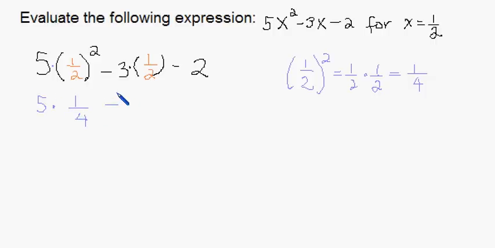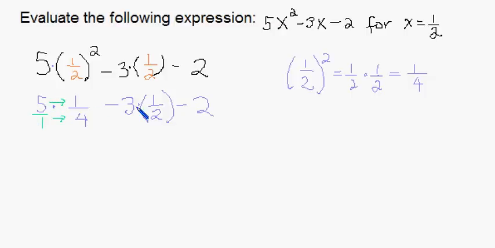Now I'm going to rewrite everything else because I'm just doing the exponent operation first. If you're pretty good at this, you don't have to do all the steps, but because I'm explaining it to you, I'm going to write every single step. Over here we're multiplying a whole number by a fraction. When you multiply a whole number by a fraction, you put the whole number over a 1 and multiply across.